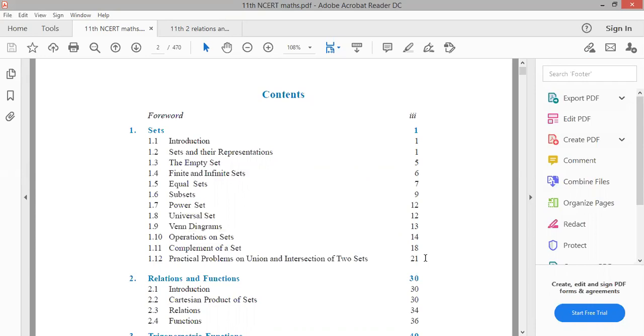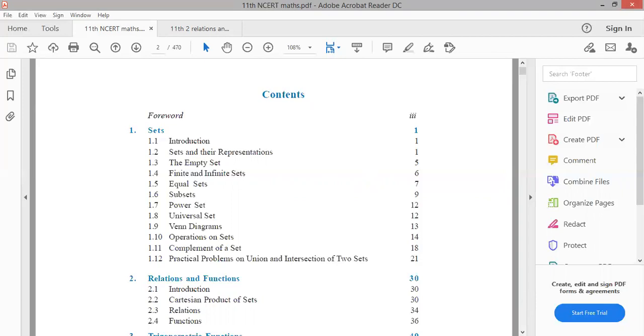Then we went through the operations on sets, and in operations we defined union of sets, intersection of sets, complement of sets, difference of sets, and there are other operations, say symmetric difference, and one important operation, and that is called Cartesian product of sets.